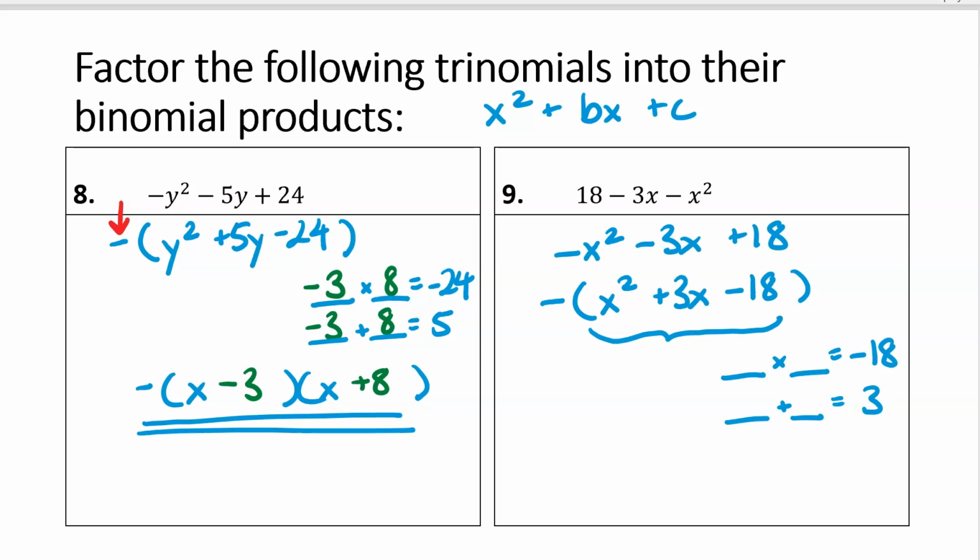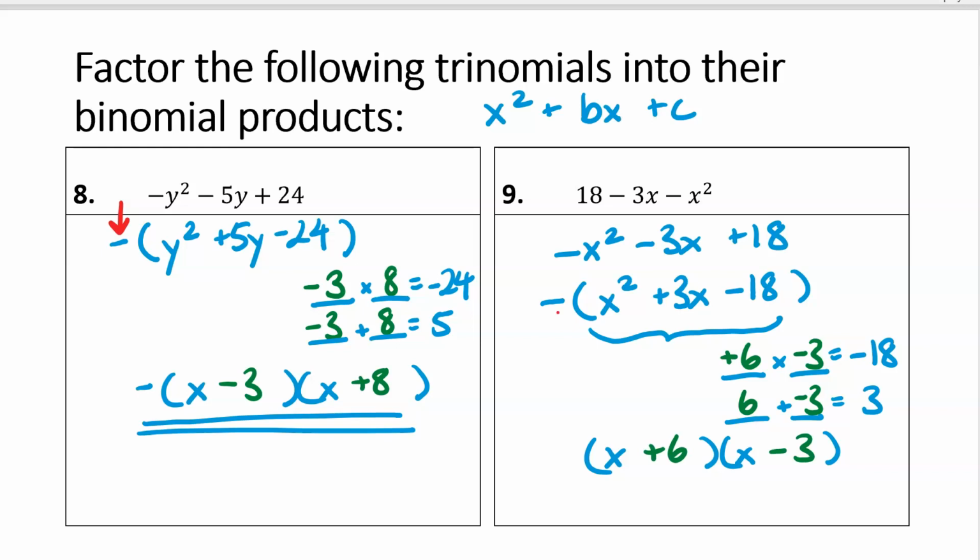So let's try positive 6 and -3, because a positive 6 and a -3 will add to give you positive 3. And 6 times -3 is -18. So again, what we did there is we found two numbers to factor out what was in our brackets. So we have x plus 6 in one set, x minus 3 in the other set.